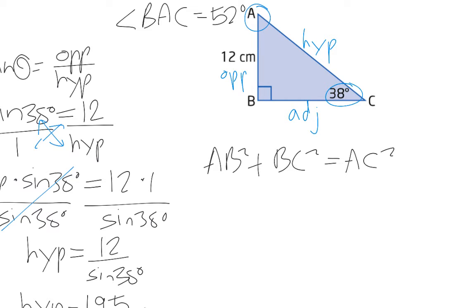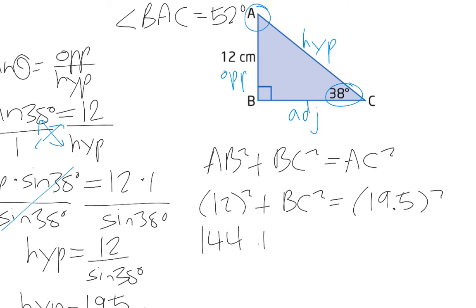You want to substitute in your known values, so the 12 goes here in brackets. You know what the hypotenuse is. It is 19.5 approximately. You can always carry an extra decimal place if you want a more accurate answer. So let's simplify this. This should be 144. That's going to stay the same. 19.5 squared is 380.25.